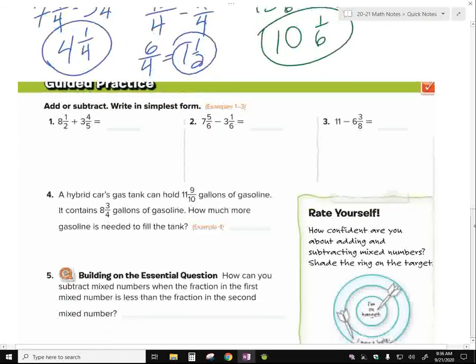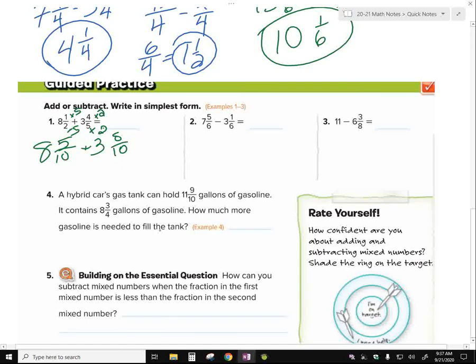All right, last couple examples, and we're doing well. We have 8 1/2 plus 3 4/5. We can do either method. We could either rewrite it. We can rewrite it because the second fraction is higher, but we're going to first find the least common denominator. Least common denominator of these two is going to be 10. 8 5/10 plus 3 8/10.